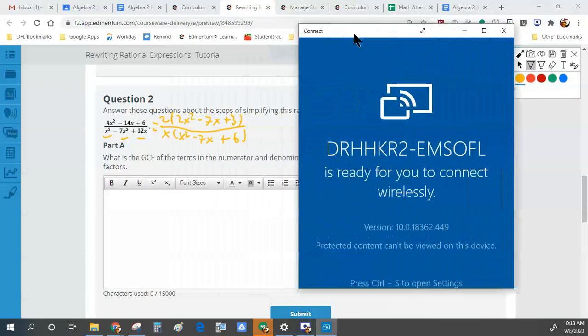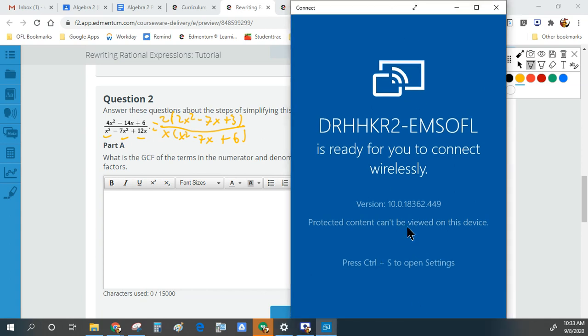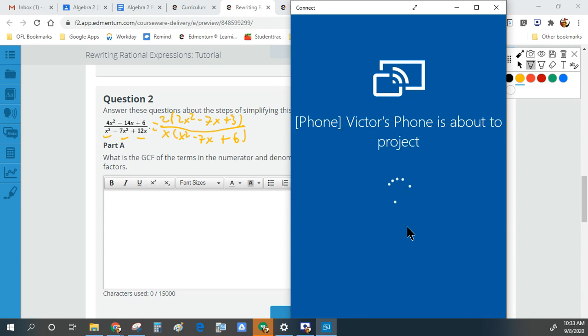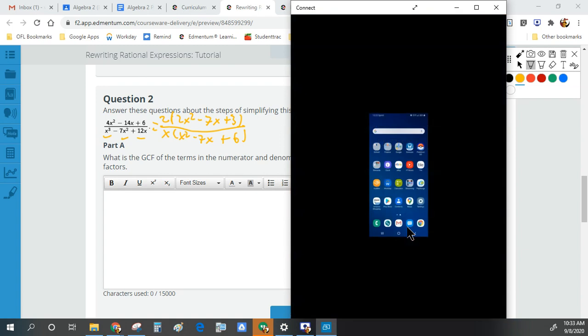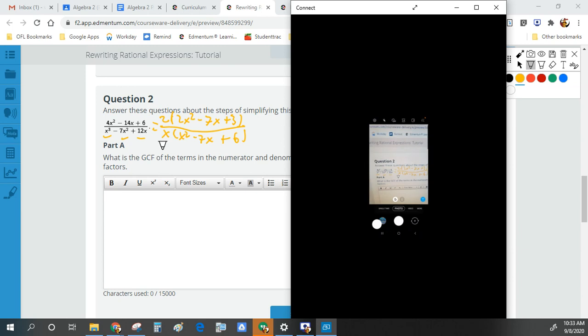I need to see the image, so I'm going to go like this. You guys don't need to do this part. This is just what lets me show you my phone. So smart view. Give me a second, it's been a while since I've done this. I'm going to go to my camera and take a picture of my work.